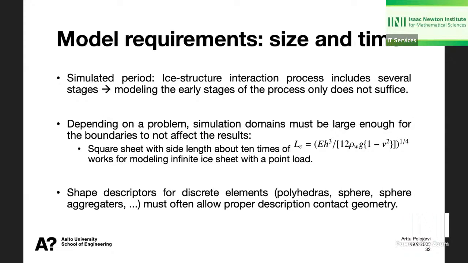The requirement for simulation domains depends a little on your application. What I showed was a situation with an infinite ice sheet. But sometimes you might only be interested in smaller ice features, so that may not be so limiting in that case.